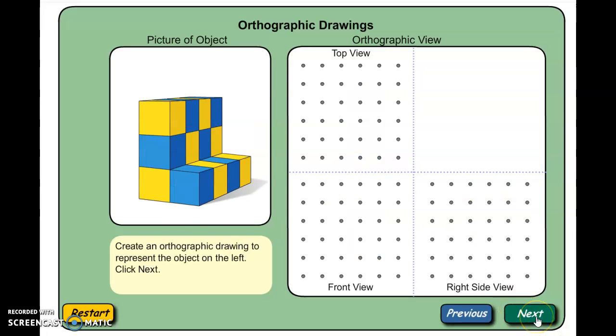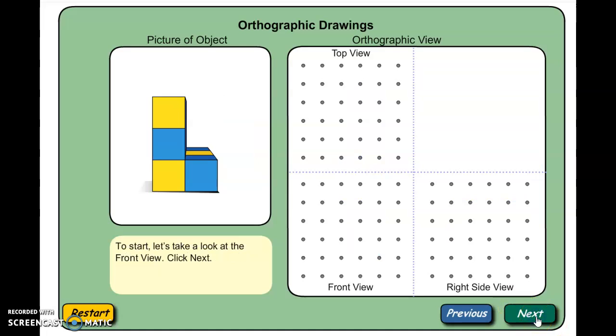Okay, creating an orthographic drawing of this object. We flip it to the front, and we've got a nice beautiful L there. That's really easy. And then we're going to kind of tip it over onto this L so that we see this part here and this part here. But we want it to match up on the paper directly across from the corner that it would match with here.